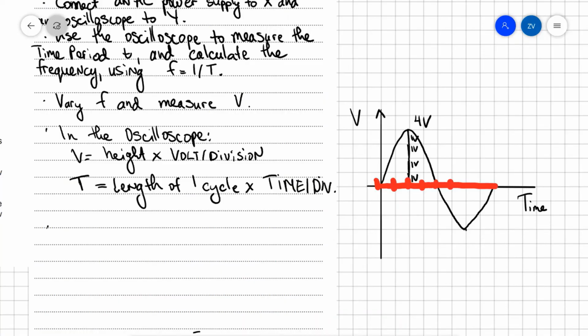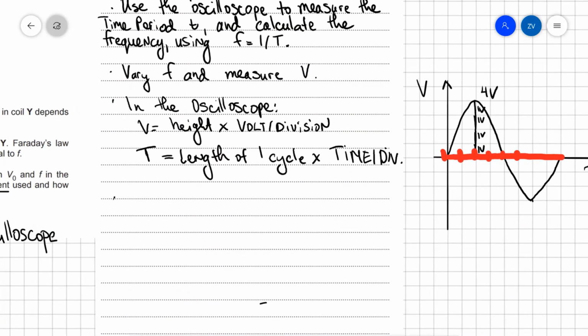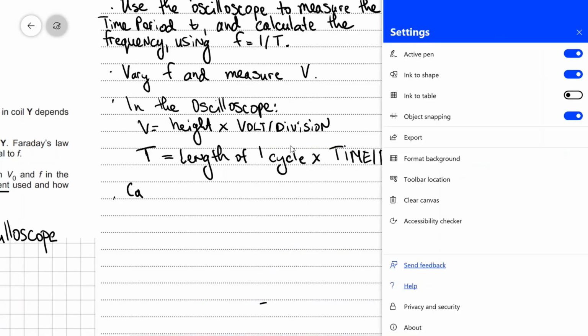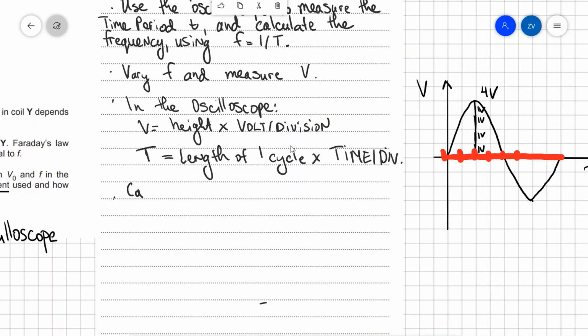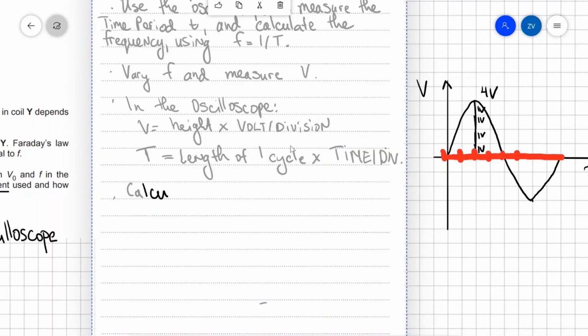Now, after we have all this data, which is essentially your output voltage and your time period, once again, I'm just going to write that we're going to just calculate the frequency. So we can just write this down. So calculate.